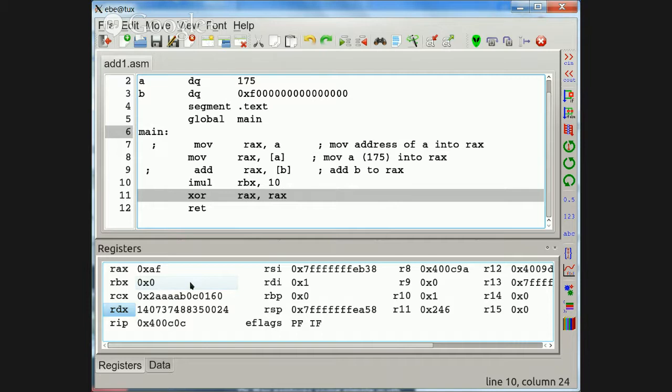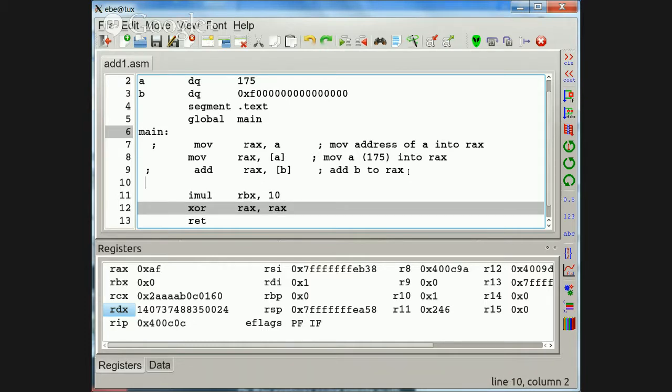What was RBX before, when the program started? I was thinking of multiplying the 175, and I didn't put that into RBX, right? So let's move the number into RBX. Thank you. I was getting confused by some absolute silliness.